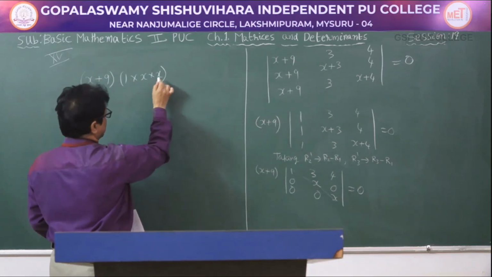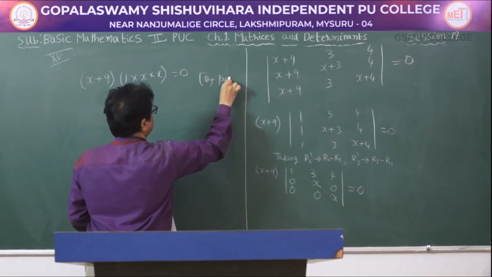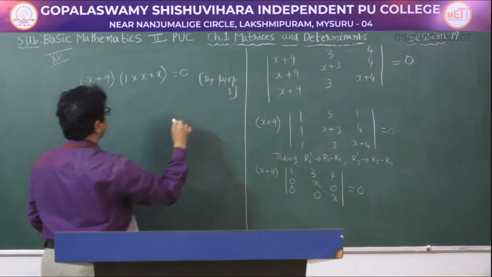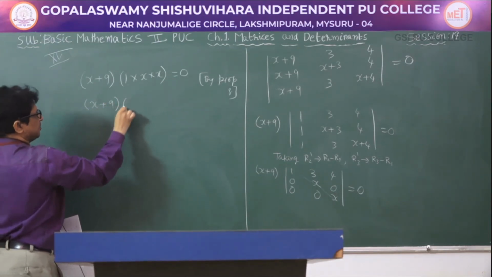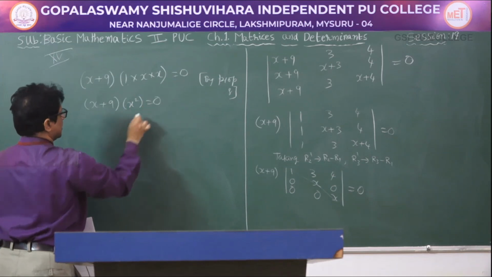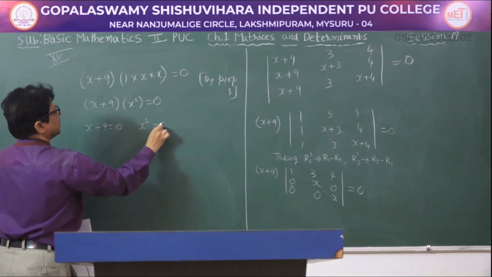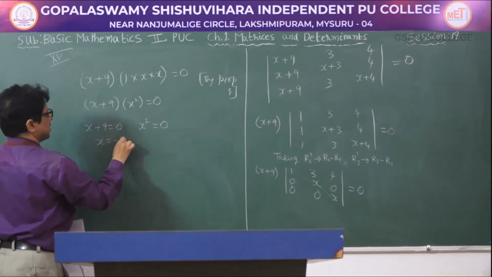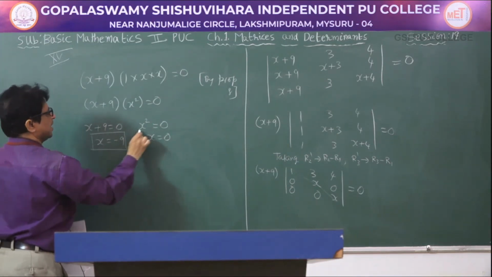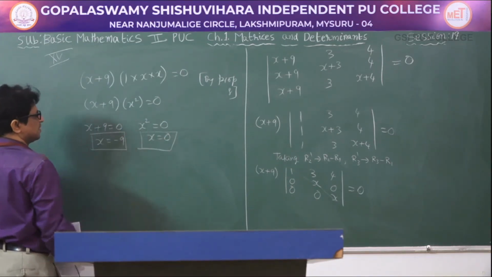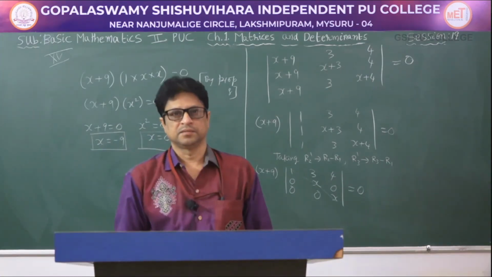So, 1 into x into x will be equal to 0. So, this is by property 8. So, x plus 9 into x square will be equal to 0. So, x plus 9 will be equal to 0, x square will be equal to 0. So, x equals minus 9 and x will be equal to 0. So, this is the final answer. That completes this problem. Okay, thank you.